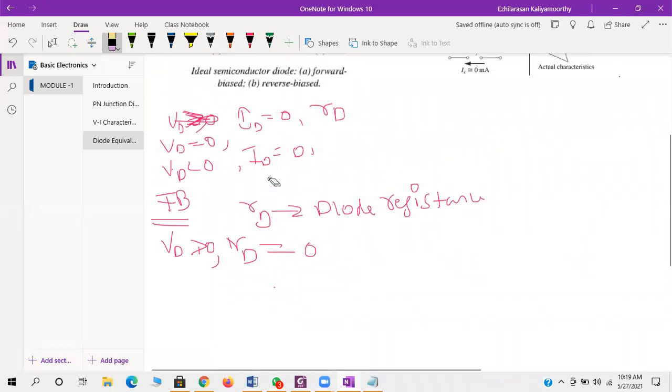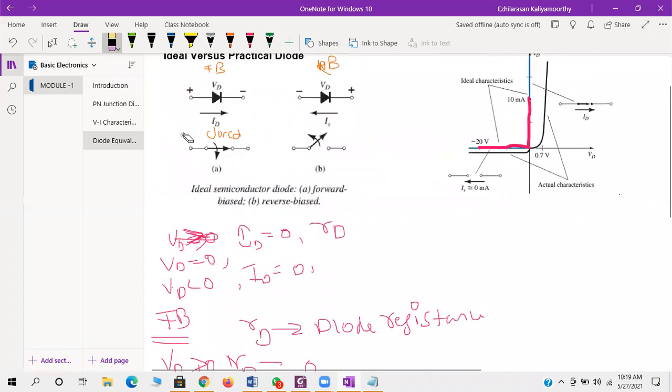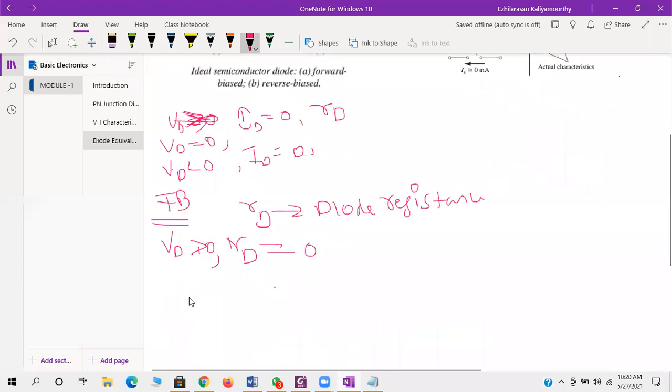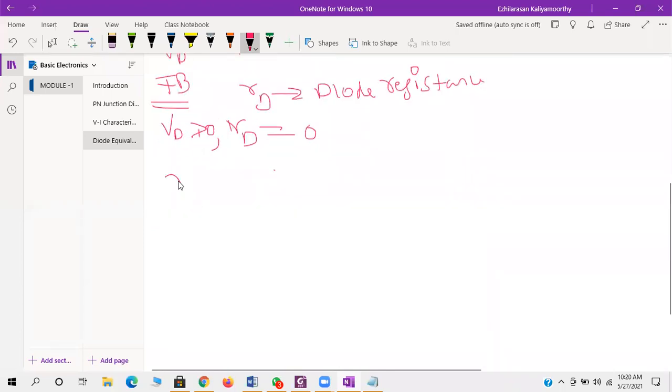So when it is a short circuit, as I said, during the forward bias, this will look as a short circuit. Then during the reverse bias, this will look as an open circuit. Then I can say in the forward bias, RD is equal to VD by ID.